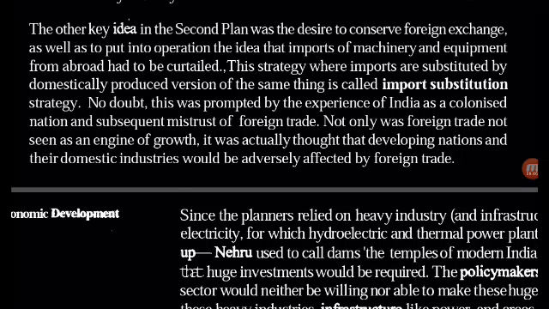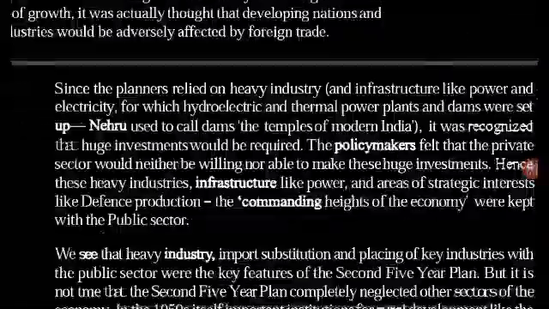No doubt, this was promoted by the experience of India as a colonized nation and subsequent mistrust of foreign trade. Not only was foreign trade not seen as an engine of growth, it was actually thought that developing nations and their domestic industries would be adversely affected by foreign trade.